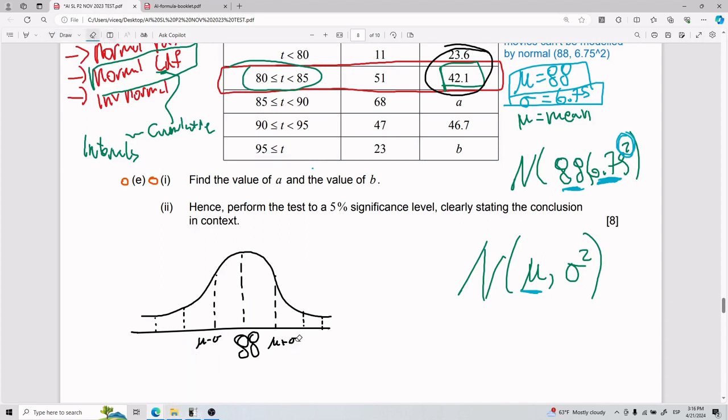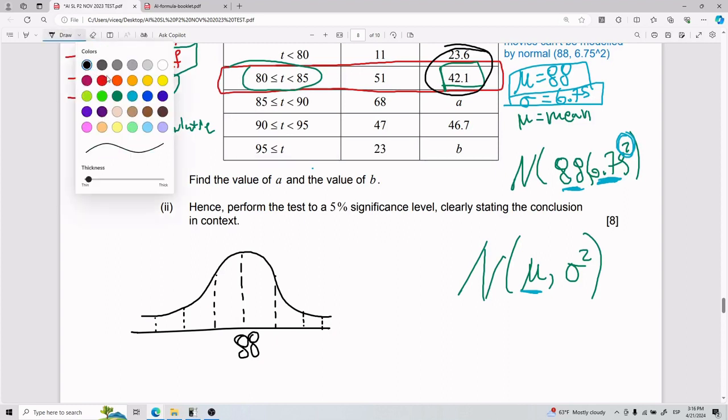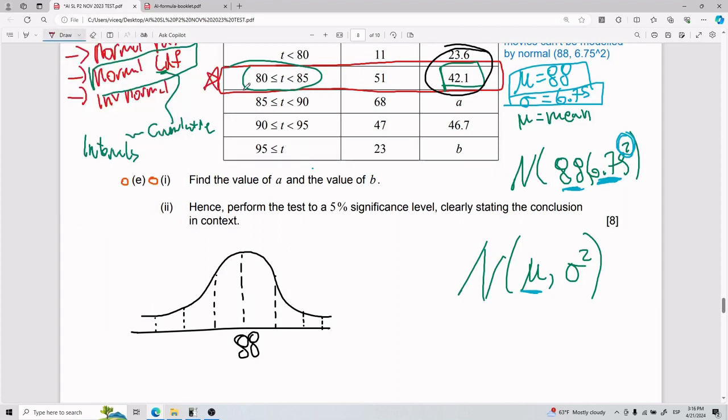And so technically what I just did, if in the middle I have 88, and I'm looking for the part in red, which is from 80 to 85, that means, okay, maybe around, I'm making it up, but maybe around from here 80 to 85. That's what you're asking for.